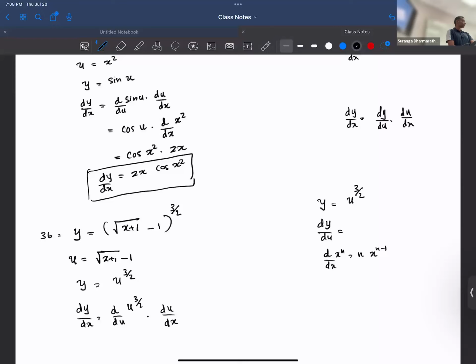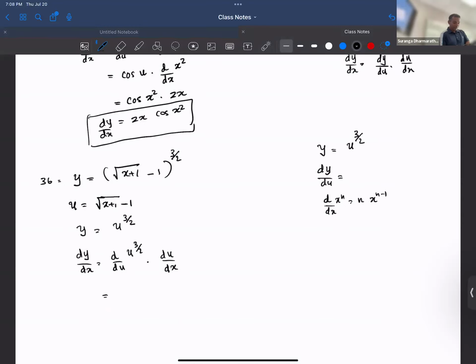Doesn't matter. You can put z instead of u. You can put anything. Okay, u is just a dummy variable. Does that make sense? So now I can write 3/2 u to the power 3/2 minus 1 times du over dx.